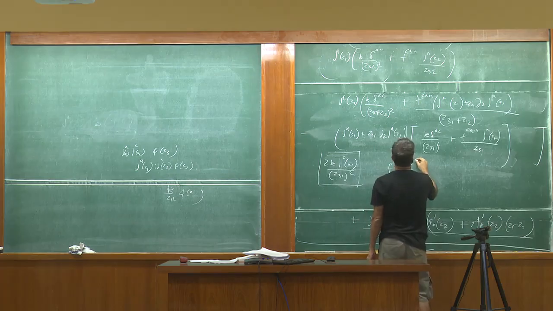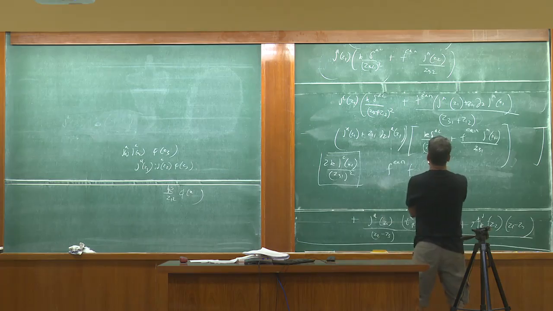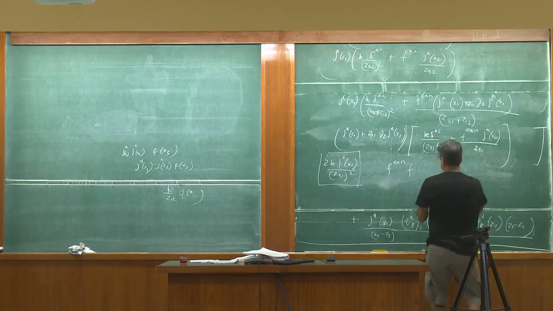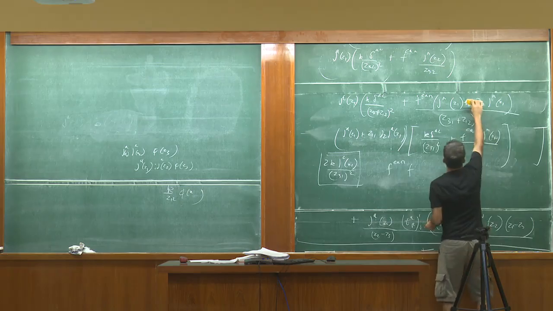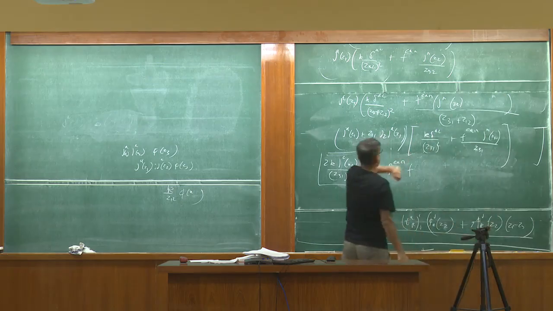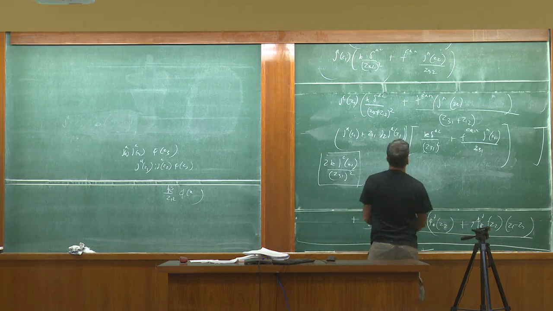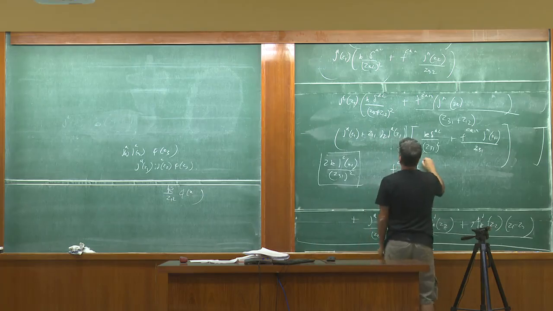I'm taking, oh, I should have just left this as 2, right? Because I want to take 2 to 1. Okay, so I get FCAN. Then I get FNAM.